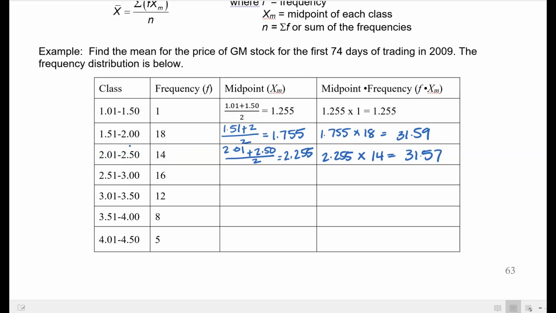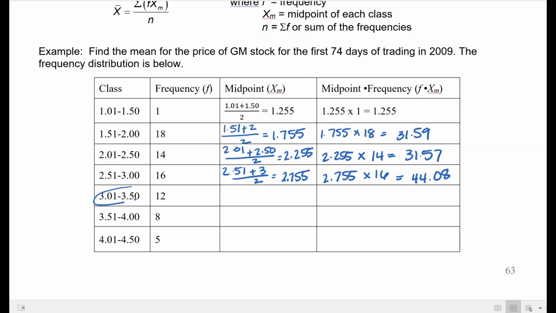Okay, on to the next class. 2.51 plus 3 divided by 2 is equal to 2.755. Okay, 2.755 times 16, because we have 16 of those in this class, is 44.08.